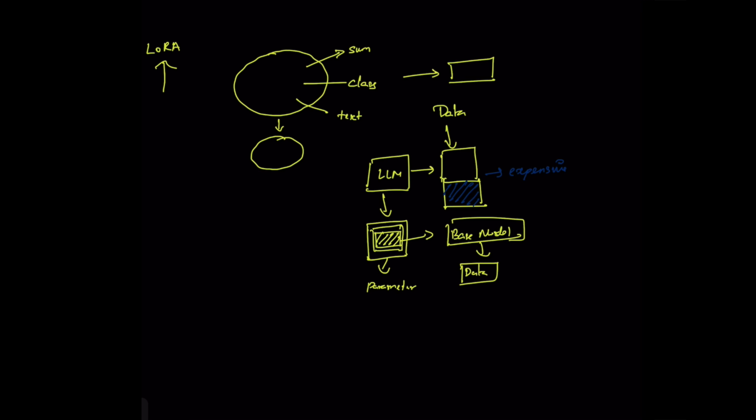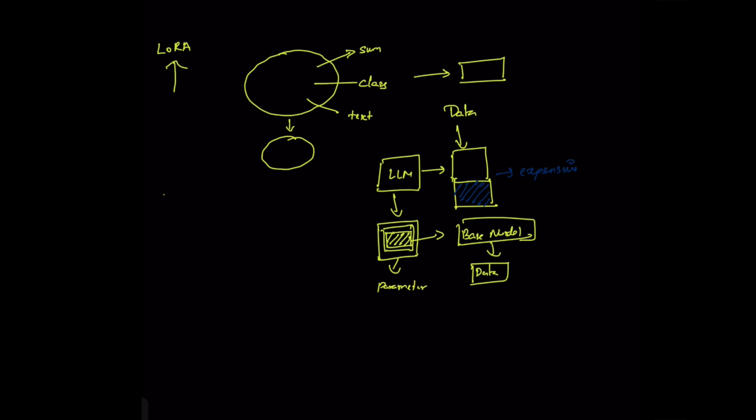Let me give you a simple way to understand what fine tuning is. You have a large book. Okay, let's say you have a book. Everything is a box here because I don't want to spend much time drawing. Just bear with me.